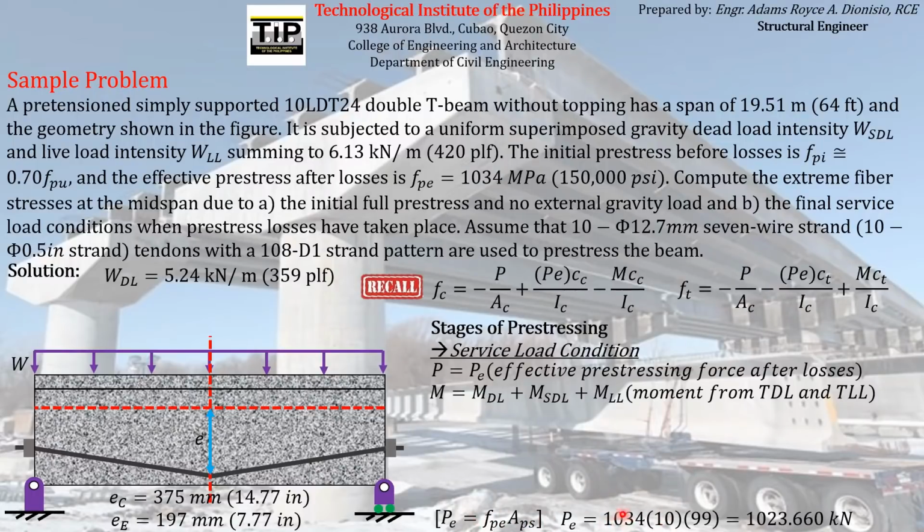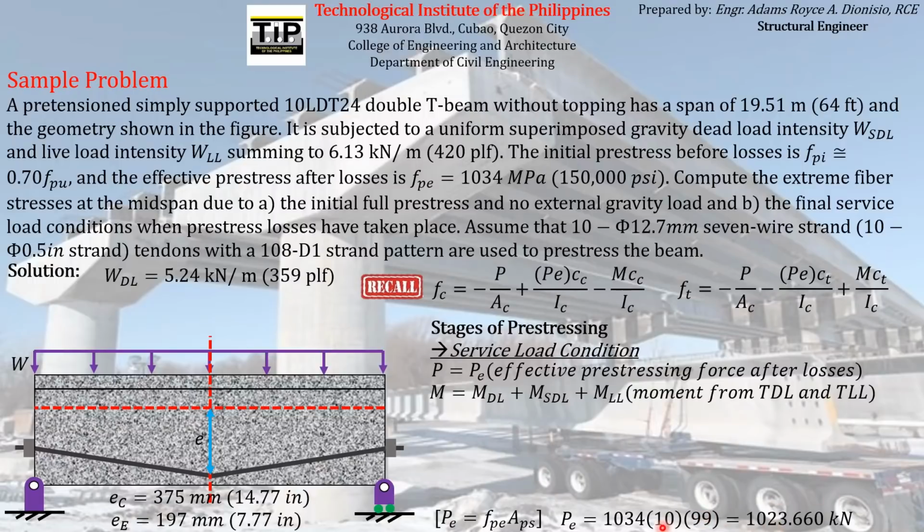So the FPE is equal to 1034 given on the problem, times the total cross-sectional area of the pre-stressing reinforcement, 1099 mm squared. The product will be in terms of Newton because this is Newton per mm squared or megapascal, and this is in terms of mm squared. But I chose to express it in terms of kilonewton, so I just divide it by 1,000 because we all know that 1 kilonewton is equal to 1,000 Newton.